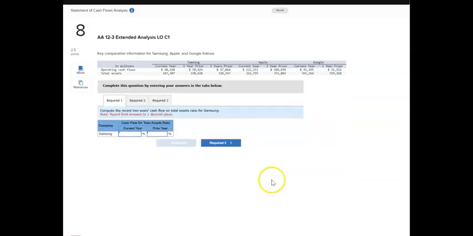Because that would have become our beginning total assets. Add those together, come to a subtotal, and then divide by 2. Okay, so you're going to do those calculations for Apple and Google, and then you're going to answer some questions about them. Okay. Next one, it's going to be another cash flow on total assets, and now you're going to be calculating it for Samsung and then comparing them to Apple and Google.